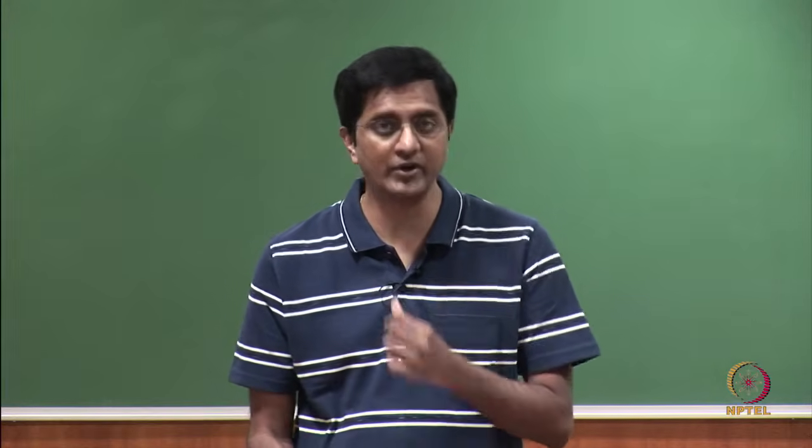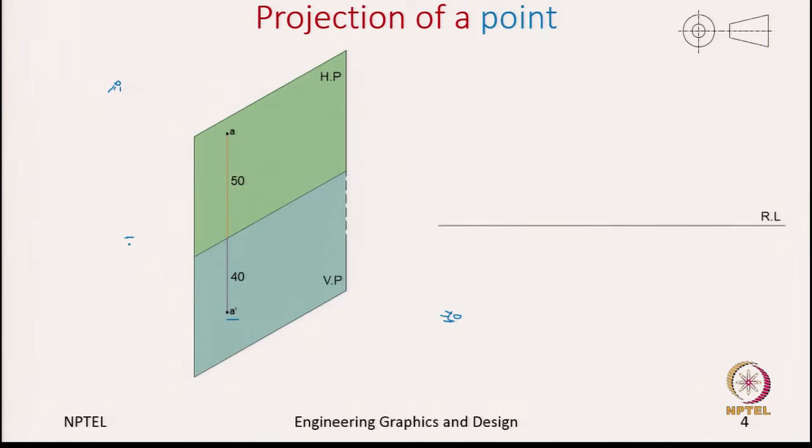but now let us see how we draw it on a drawing sheet. So, we start with the reference line and we now see that the front view is placed below. So, let us start with the front view A prime. Here is the front view where the point is represented by A prime, which is at 40 units from the reference line.